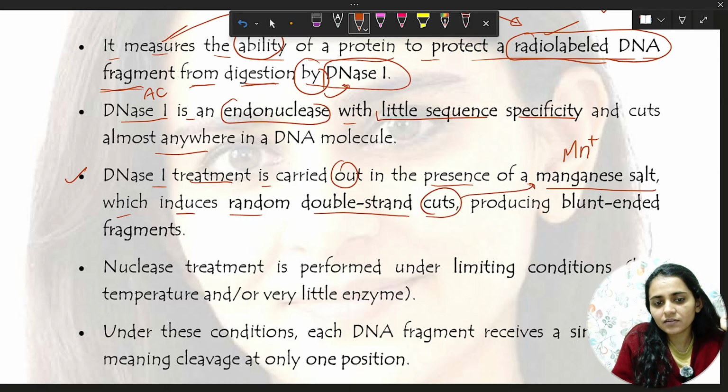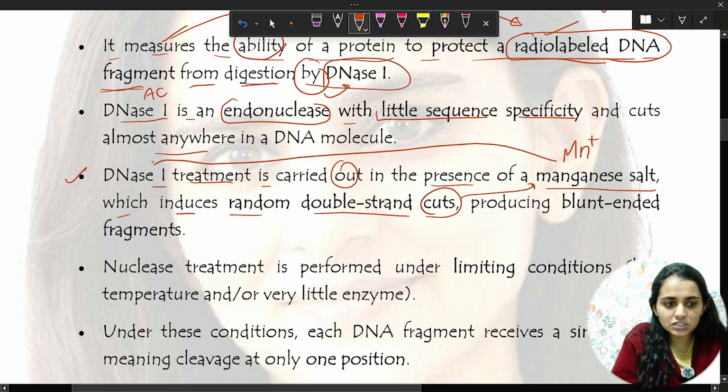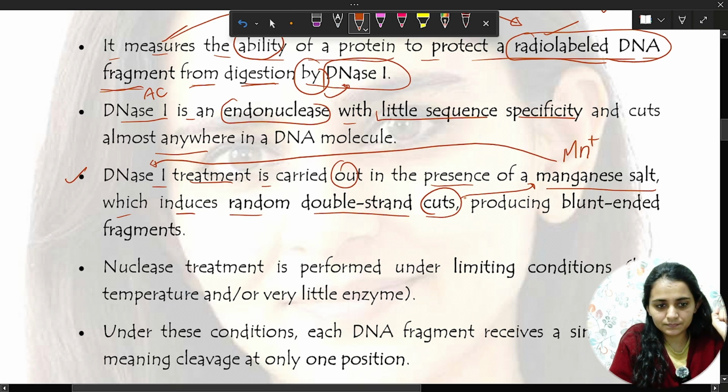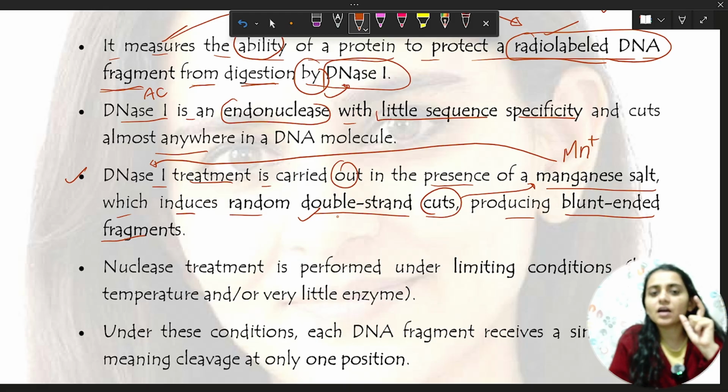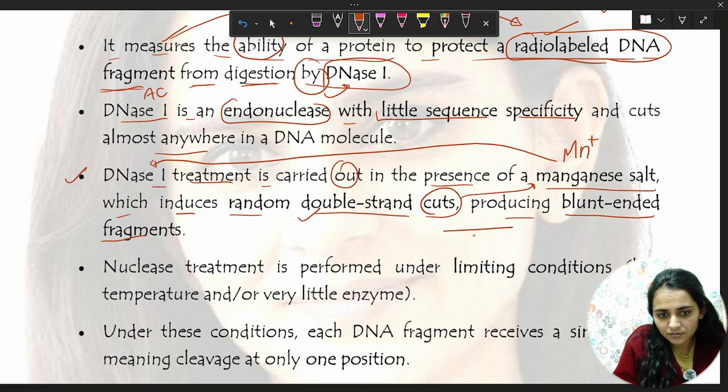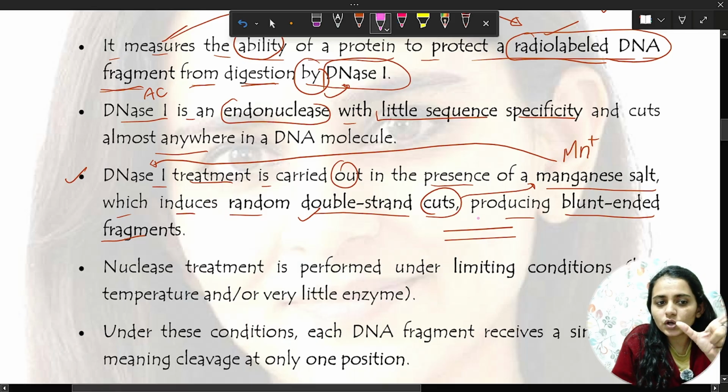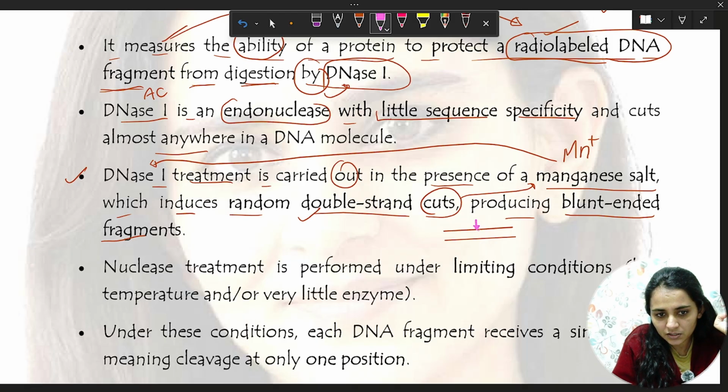So it is increasing the efficiency of DNase I and produces blunt ends, because it is cutting double strand. You can see this is a double strand of DNA. If it is cutting in the endonuclease way, in the middle somewhere in the strand, suppose it is cutting from here, it will cut down this way.